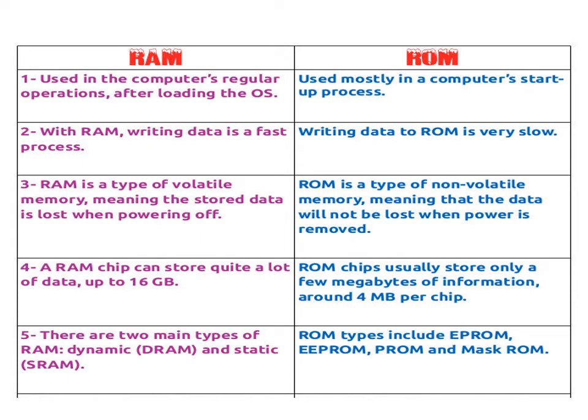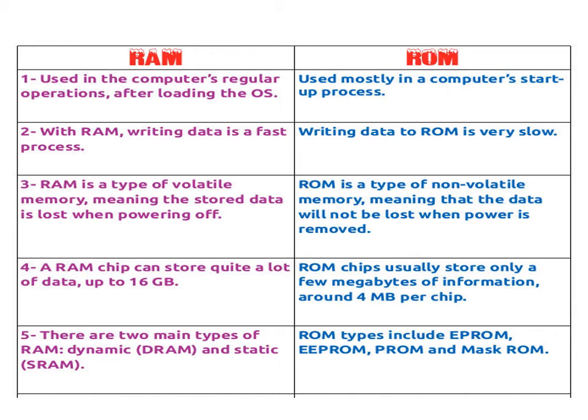Difference between RAM and ROM. RAM is used in computers' regular operation after loading the OS. ROM is used mostly in a computer's startup process. Writing data is a fast process in RAM.